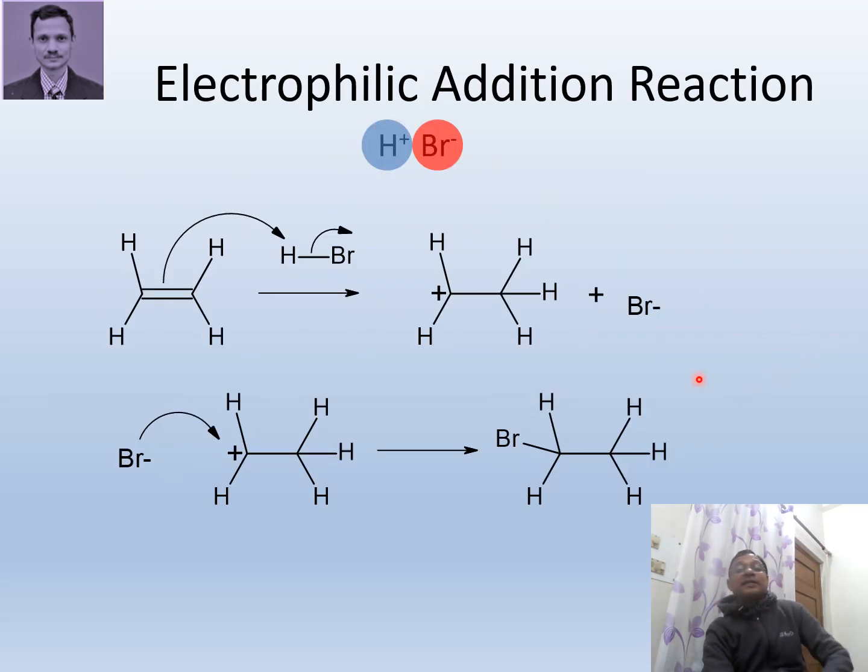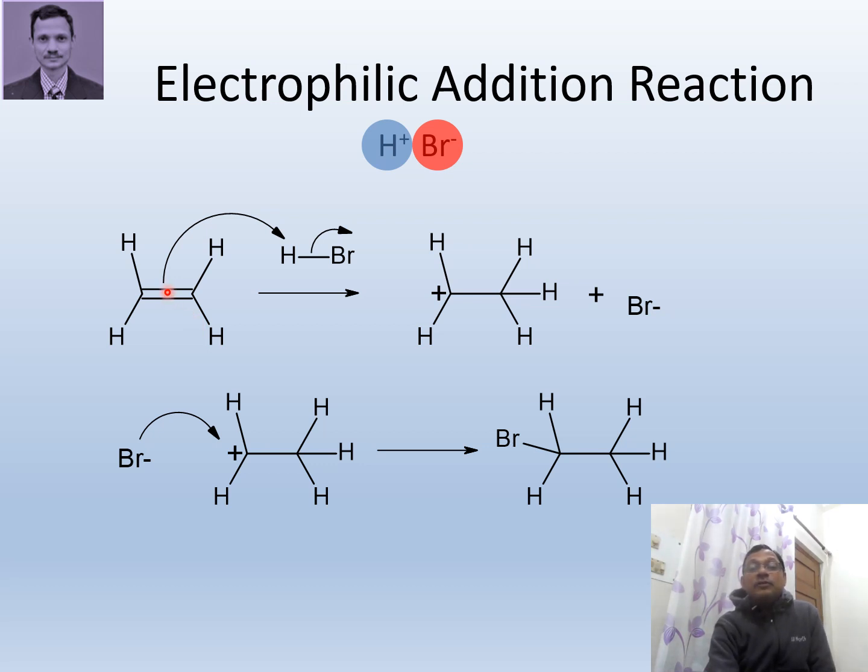Now, this is a nice example of electrophilic addition reaction. If you take an olefin and add hydrogen bromide, now this olefin is an electron rich center.